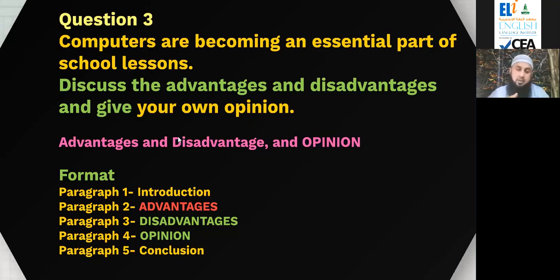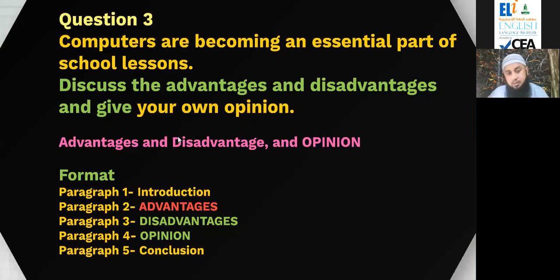You must understand that. If you don't do that, you might lose some marks. So if your opinion is close to advantages, I highlighted those 2 words in green so that you can understand that your opinion is to advantages. You are more inclined towards advantages. So it should be close to advantages if you're writing that.